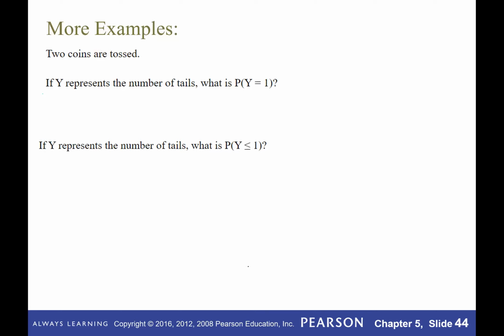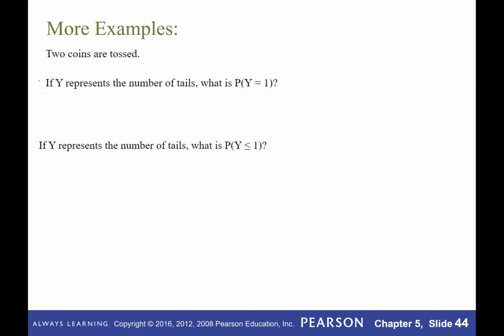Okay, we have some more examples. Two coins are tossed. If y represents the number of tails, what is the probability of y equal to 1? And if y represents the number of tails, what is the probability of y less than or equal to 1? Okay, so let's try it and let me know the results.